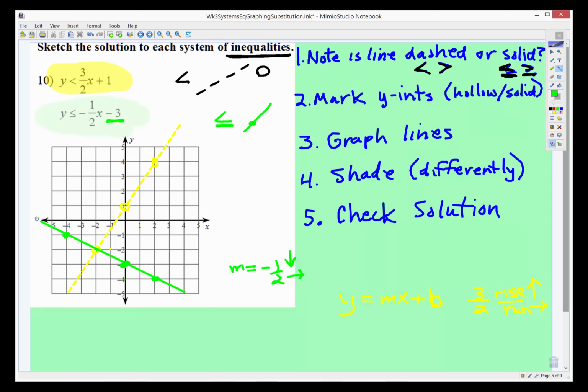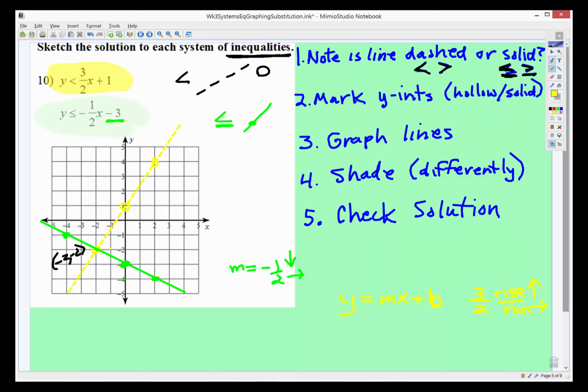Now, there is an intersection point, but when it's inequalities, it's not just the point that needs to be noticed, and this point is -2, -2. But what you need to do is graph each of them, or shade each of them.